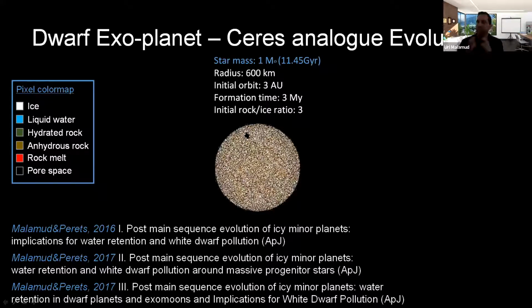As ice becomes liquid, as it melts, it becomes blue. Rock is brown, unless it's hydrated, in which case it becomes olive. Molten rock is red, and all of these black pixels are pores inside the object. Now what you will see is that this object forms during the first few million years of its life. Because of radiogenic heating, it becomes differentiated.